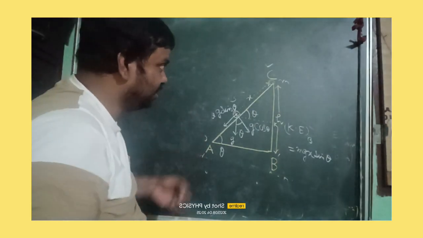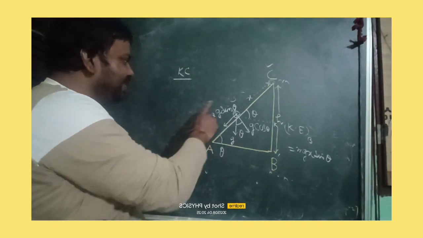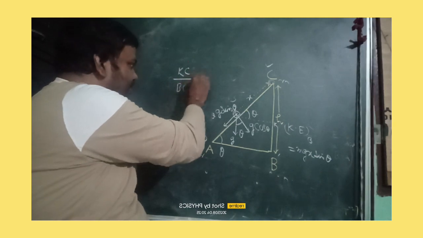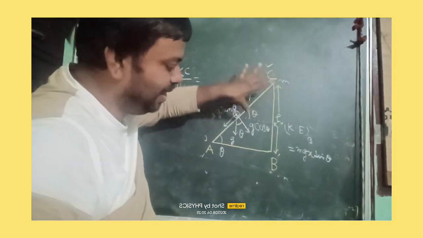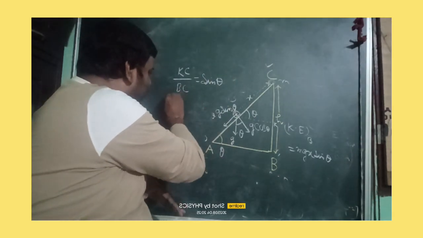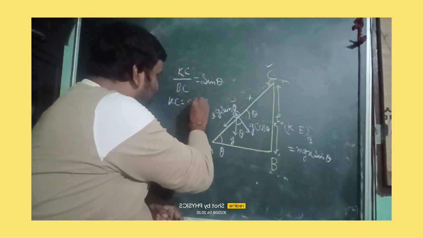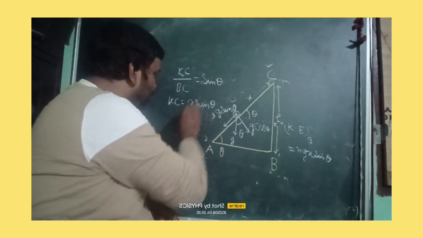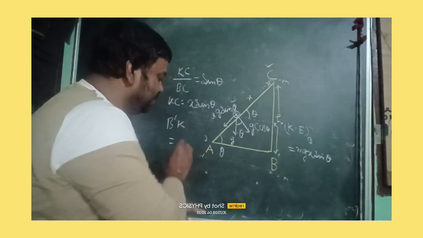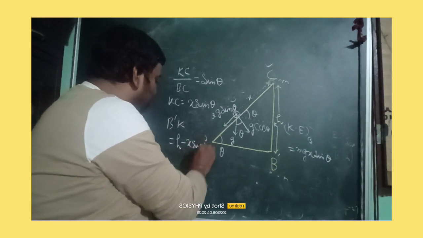How to find B'K? Now KC by BC, perpendicular by hypotenuse, is equal to sin theta. Now KC is equal to BC, which means x, so that is x sin theta. Now B'K is equal to the total height, that is h minus x sin theta.